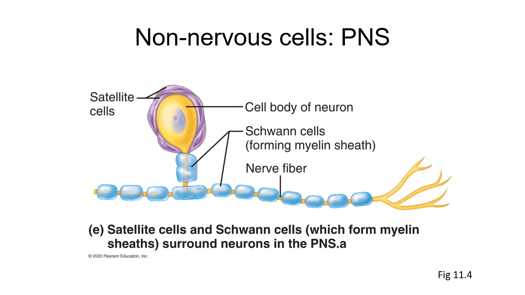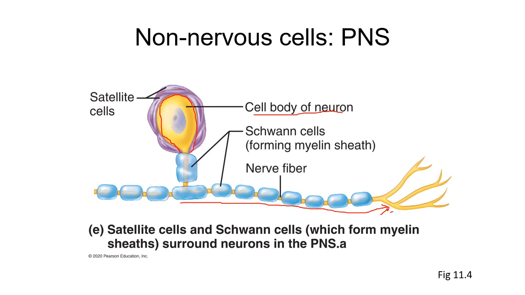Within the peripheral nervous system, there are other non-nervous cells, similar in function a little bit. So here's the neuron, here's the cell body, and here's the axon of that peripheral nervous system cell.